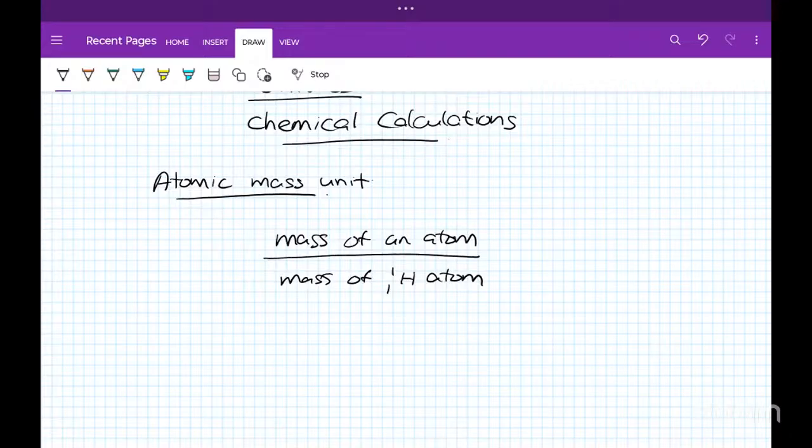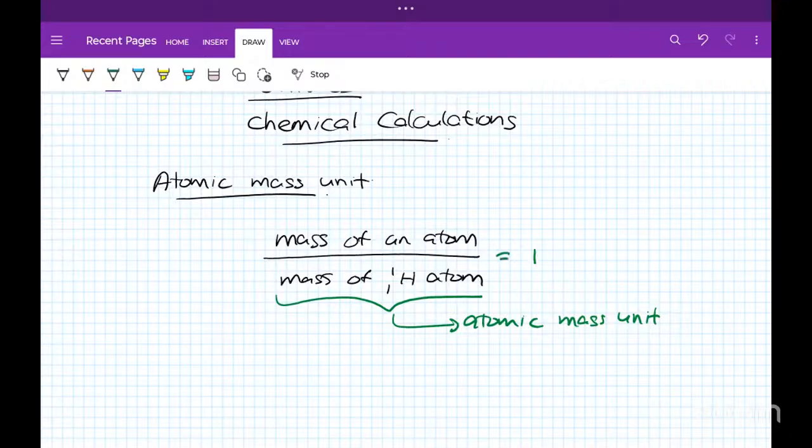This mass of the H-1 atom is called the atomic mass unit, because it is used as the unit. So you take the mass of an atom, divide it by the mass of the H-1 atom, and you get some answer. Let's say, for example, this is 1. So this is called 1 AMU, atomic mass unit 1.